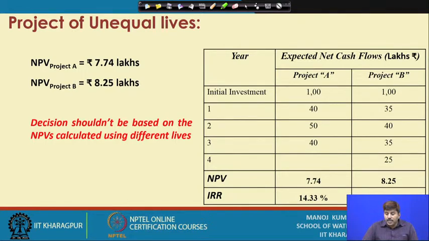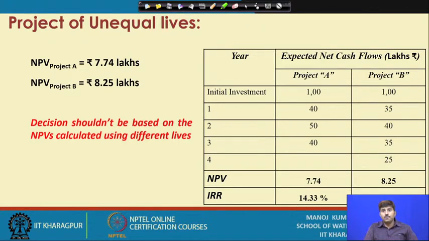If we go by net present value, project B is profitable and has a higher net present value, and from our earlier experience net present value is more representative for ranking of projects. So, we should select project B, but that is not going to apply here because the life of the projects is different, and net present values calculated using different project lives should not ideally be compared.